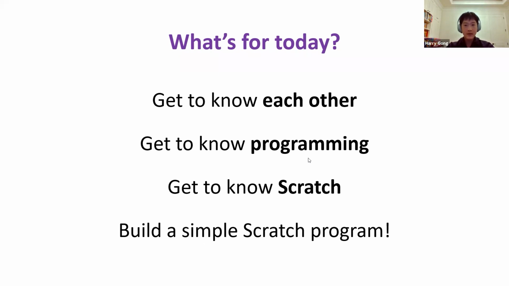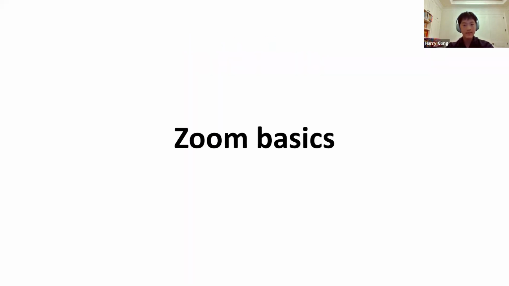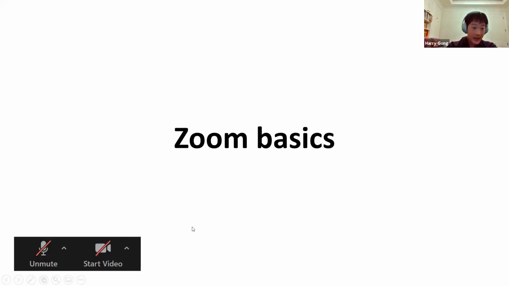So first, we're going to be using the Zoom online meeting platform for all of our classes, so you should take some time to get used to this app. In particular, at the bottom left corner of your screen, there are going to be two buttons, one called Unmute and one called Start Video.